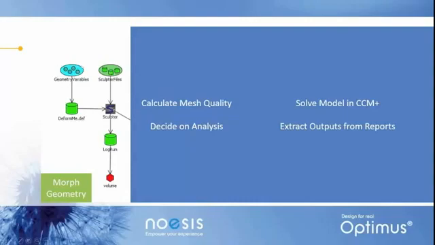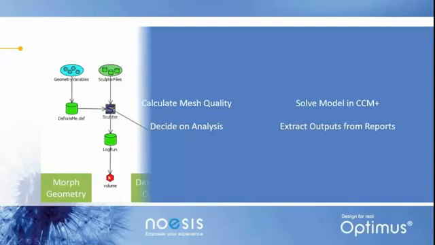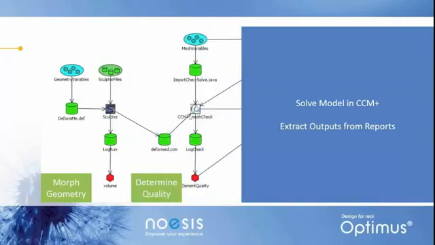The teal oval in the upper left is the input variables that are used to make the changes to the blade inside of Sculptor. And then the red shape at the bottom is an output variable that comes from one of the Sculptor logs. In this case, it's the volume variable.